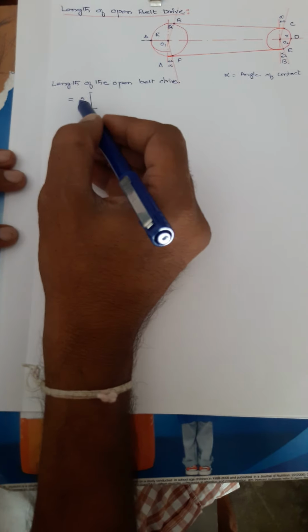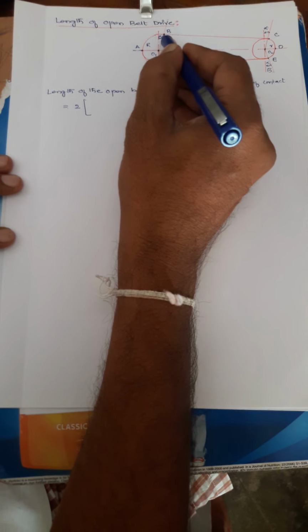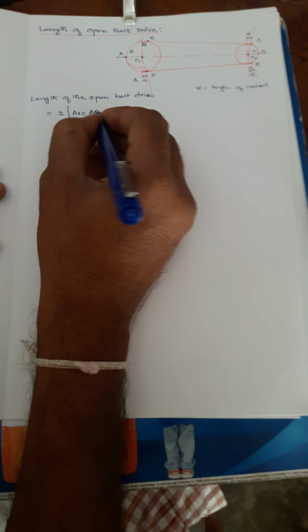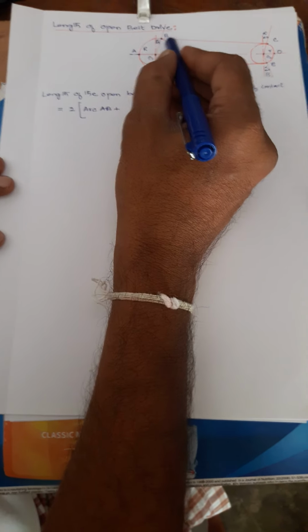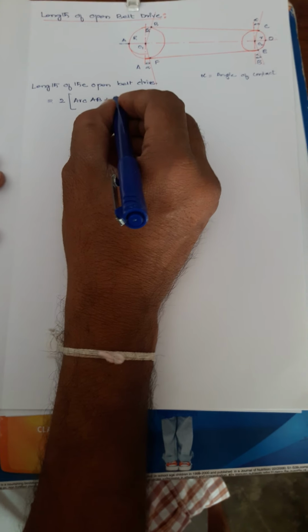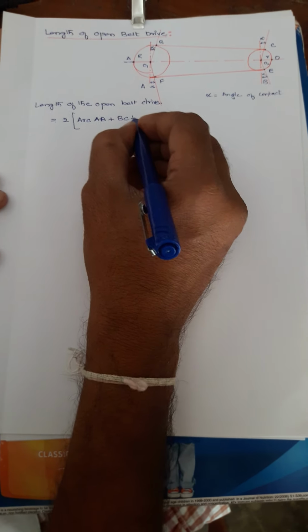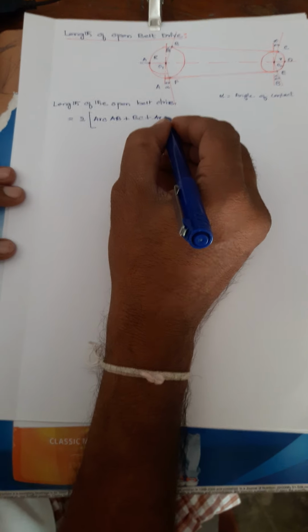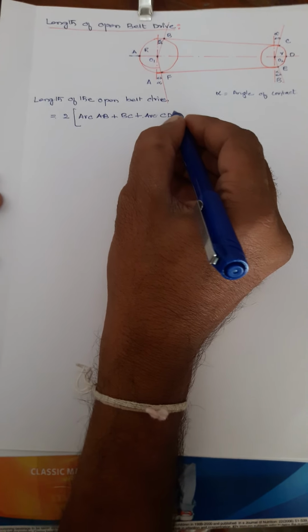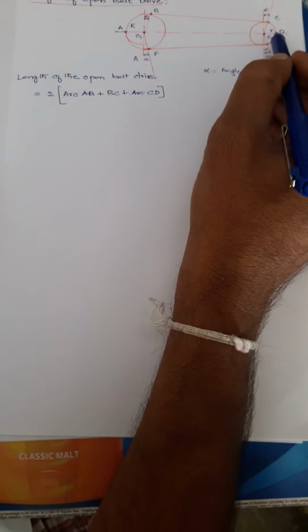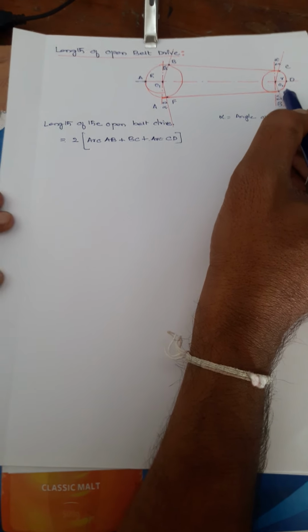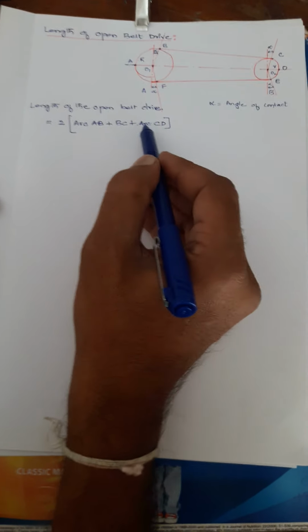So 2 into arc AB plus the distance BC, plus arc CD. Arc CD and arc DE are both one and the same, so that is 2 into arc CD.